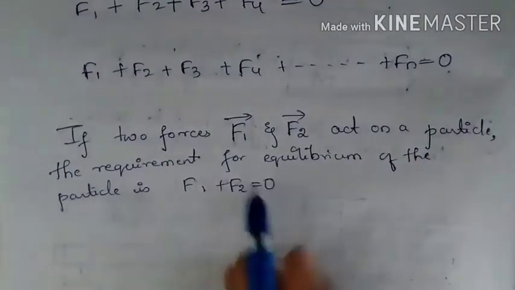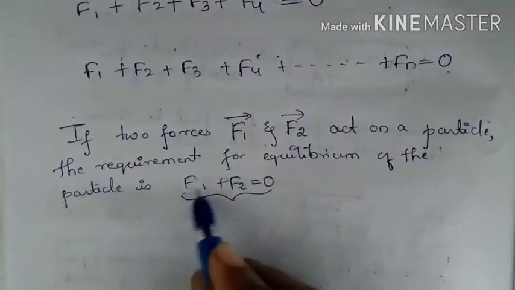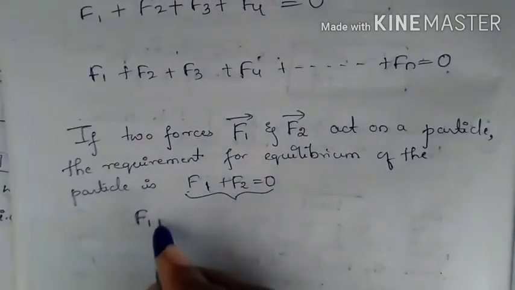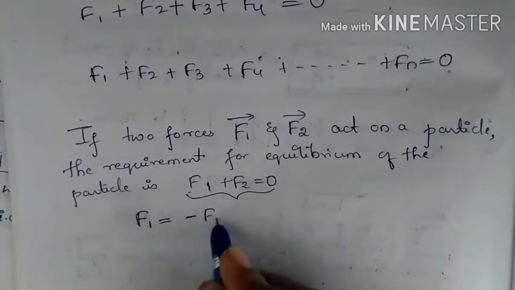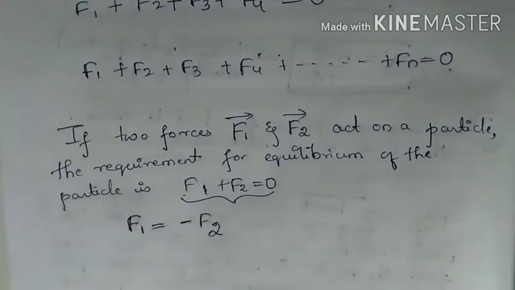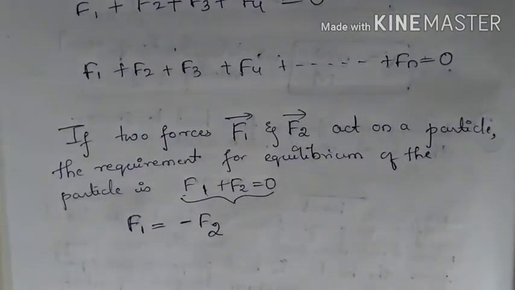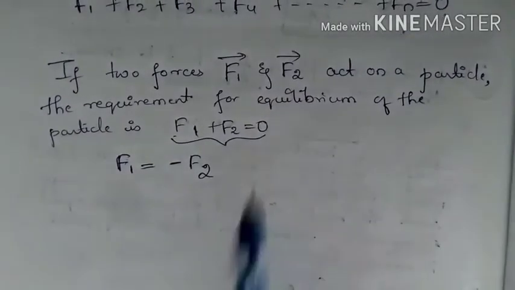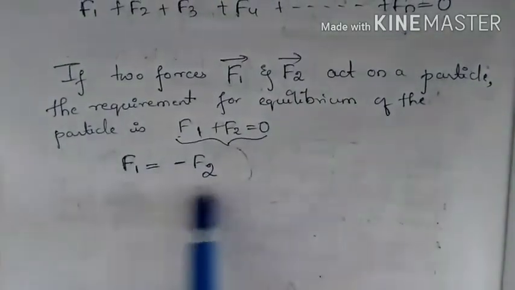Now if this is true, F1 plus F2 is equal to 0, then I can also write F1 is equal to minus F2. That means these two forces acting on a particle are in opposite directions and have equal magnitude. Hope this point is clear to you all.